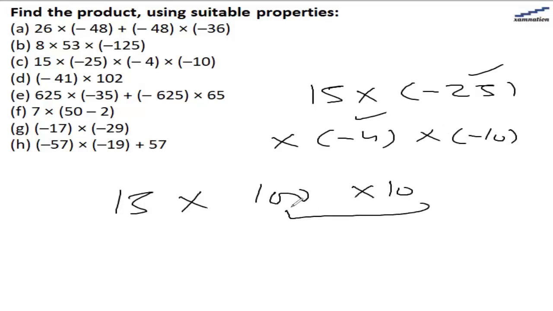Then we multiply 100 with 10, which gives us 1000. In the end, we multiply 15 with 1000, which gives us 15,000. So this uses the property where we change the order of multiplication and multiply the terms that give us an easy answer.